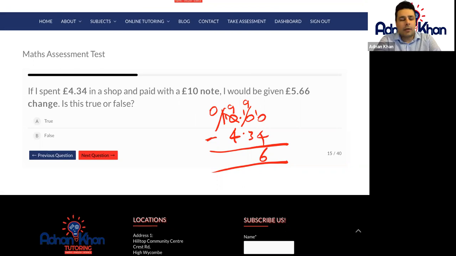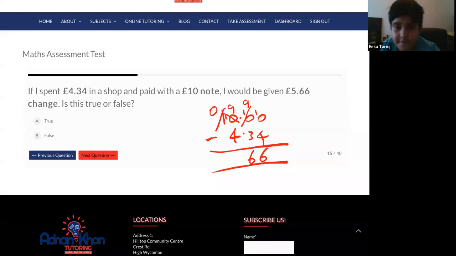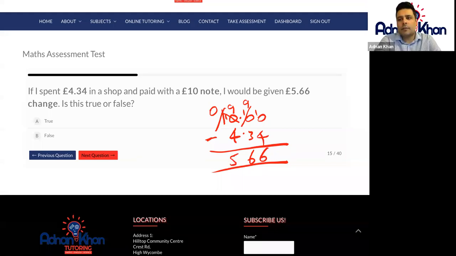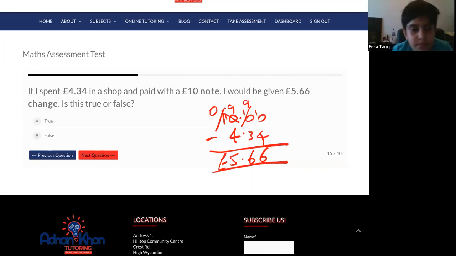And 9 take away 3? 7. 6. And then 9 take away 4. 5. And we just put that dot in the middle so we know that it's pound and pence. Okay, so £5.66. So is this going to be true or false, Isa? True. Okay, well done.